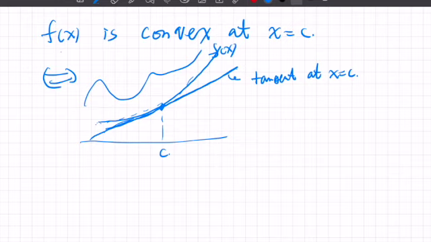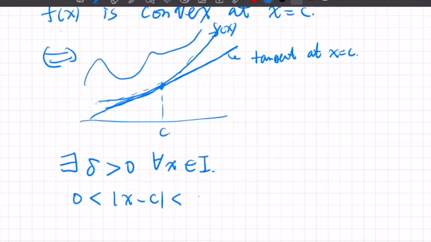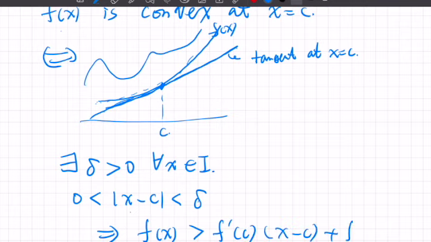So let's say if there is some positive real number delta such that, for all x in the domain of definition of this function, if x is in the neighborhood of c, that is, |x minus c| is less than delta and greater than 0, I mean, in terms of modulus, then this implies f of x is greater than f prime of c times x minus c plus f of c.